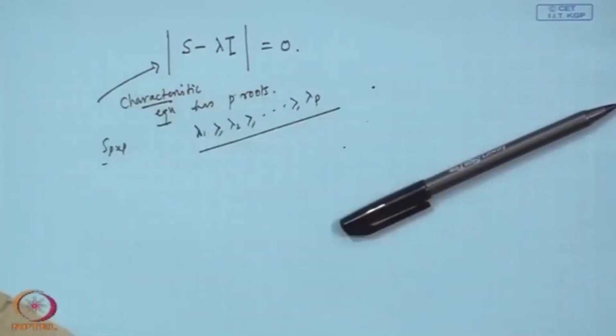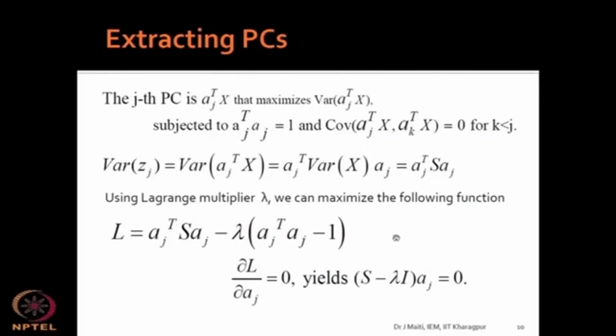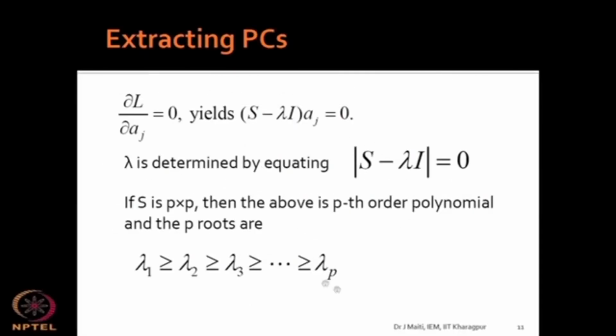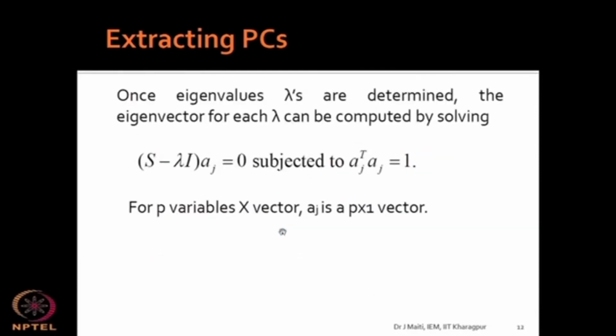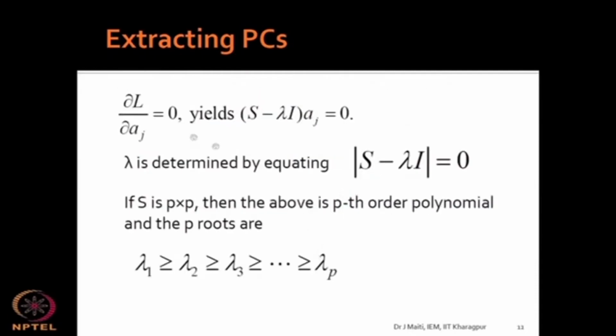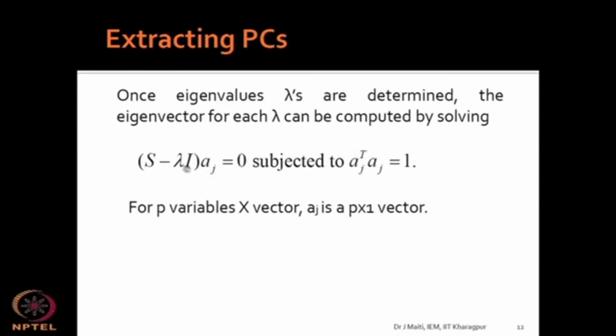So, let us see now some more slides here. I said that this will be a Pth order polynomial, and you get P roots. From this equation you will be able to find the lambda values. Now, take one lambda, put it into this equation, and then you find the A values. Okay.